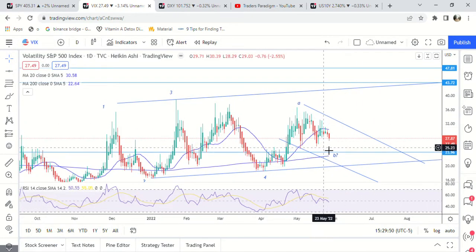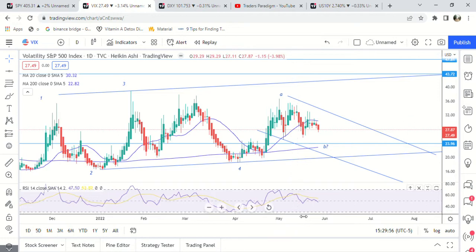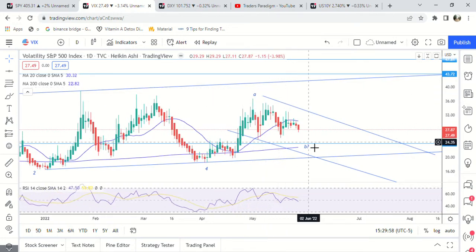And so I think we have more upside in SPY short term, and that goes along with my SPY video if you've been watching that. So we have maybe another week or two of downside down to here, and then we'll start the final move up to 43, in which I expect big downside for SPY. So that's how VIX plays into it.